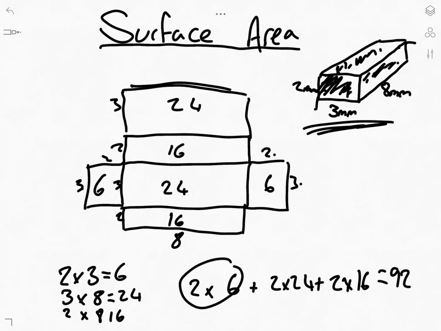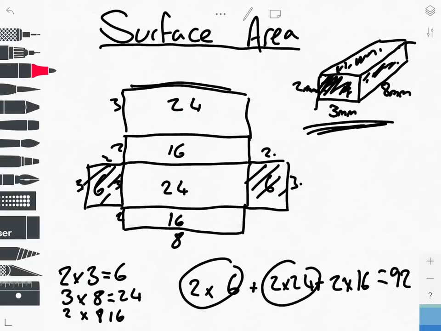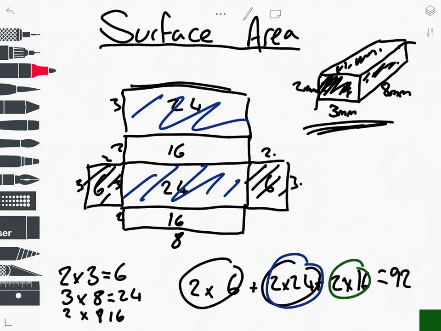So we're doing 2 lots of 6 because we've got 2 faces that have 6. 2 lots of 24 because we've got 2 faces that are 24. And 2 lots of 16 because we've got 2 lots of 16.